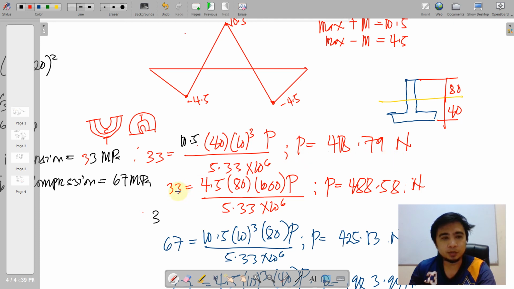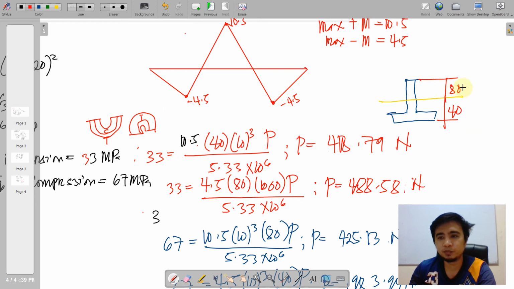And then again, we have to use 33 for a tensile for negative. For negative bending, we have negative 4.5 as the value. And then, where is the tensile side if we have a negative bending? It is actually on top of your fiber.